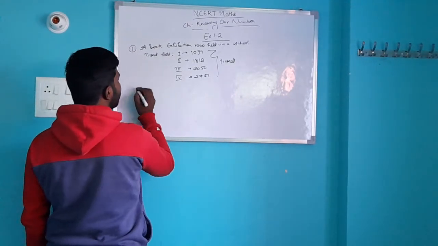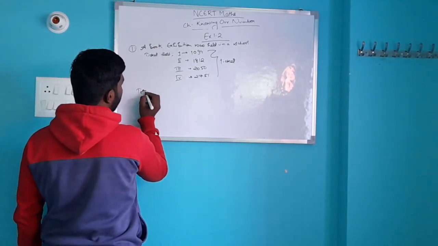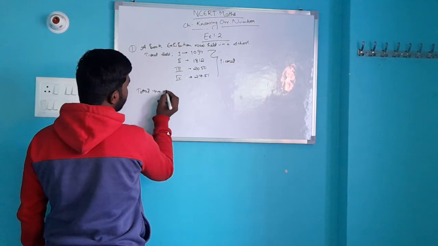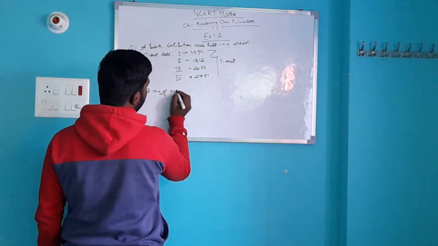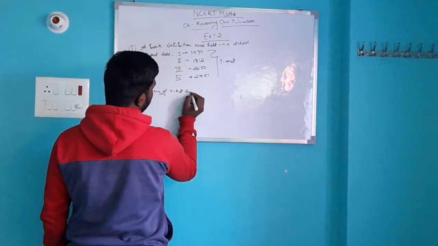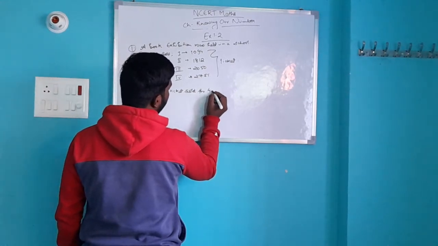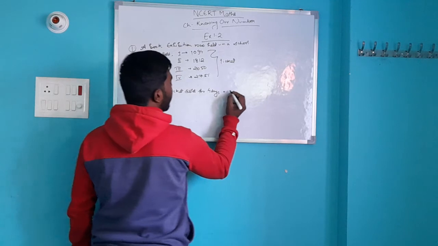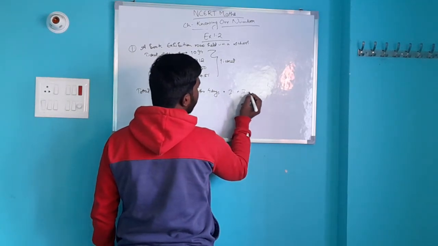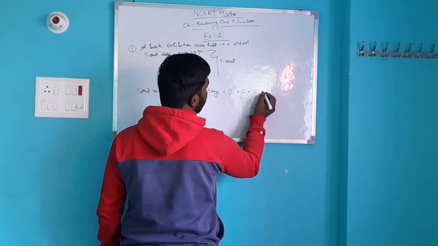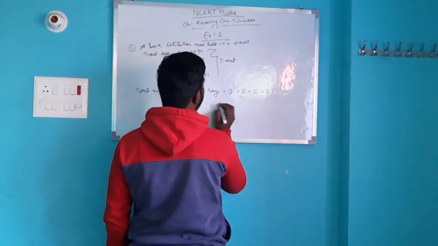We simply add these and we get the data. Total number of tickets sold for 4 days. We add first day, second day, third day, and fourth day tickets.